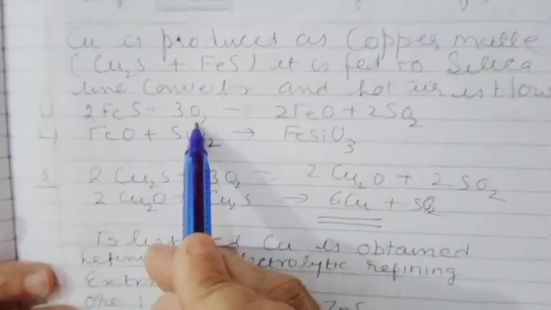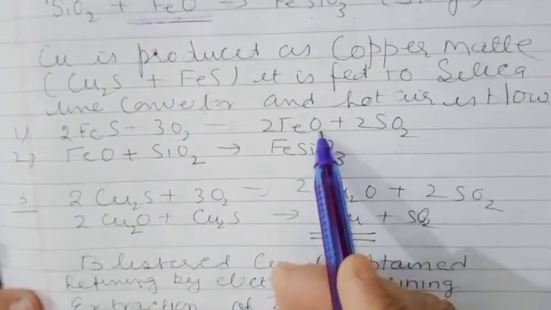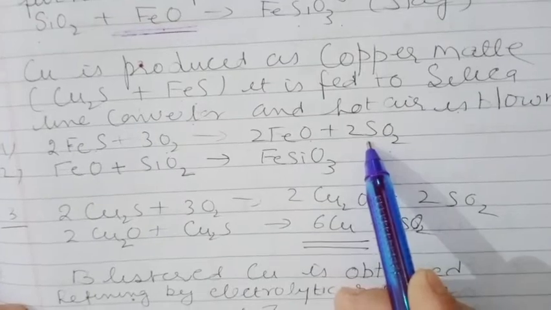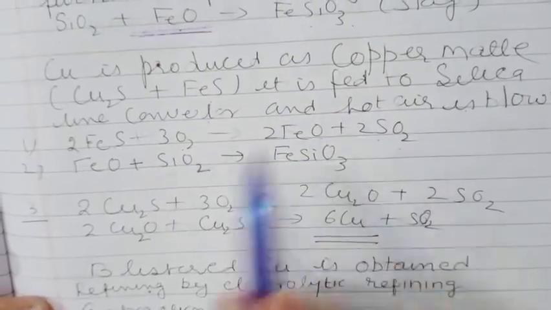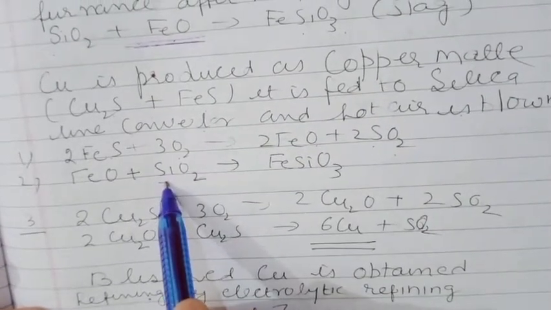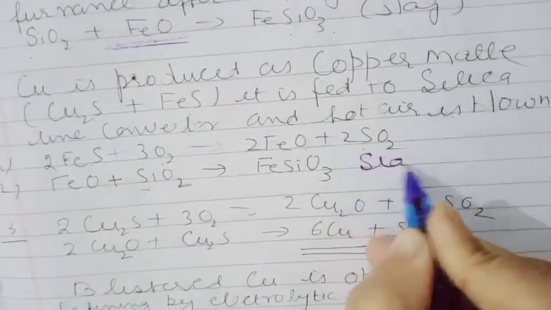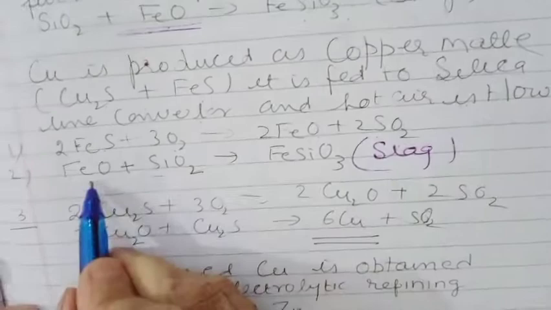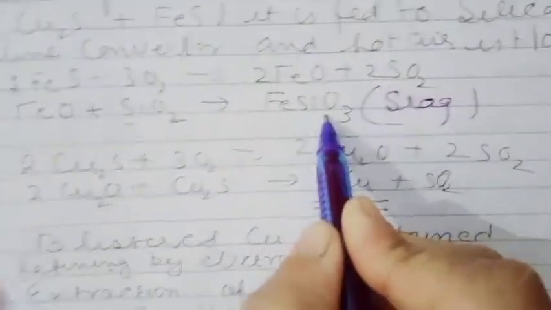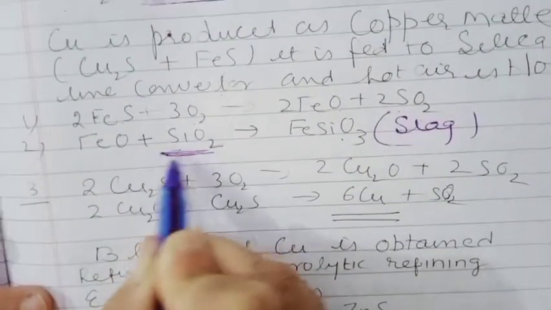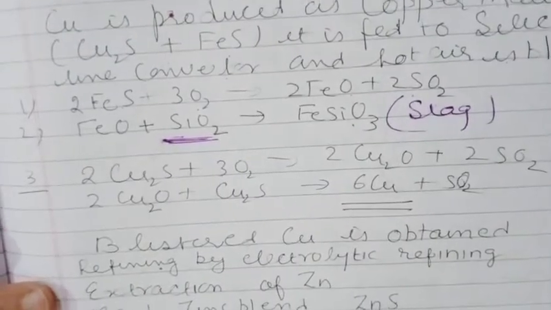Iron sulfide gets oxidized to iron oxide and sulfur dioxide is produced. Iron oxide will combine with silica of the converter and get converted into slag. So the iron impurities are removed as slag, and in this case SiO2 acts as a flux.